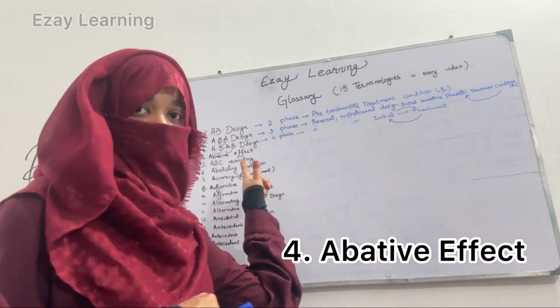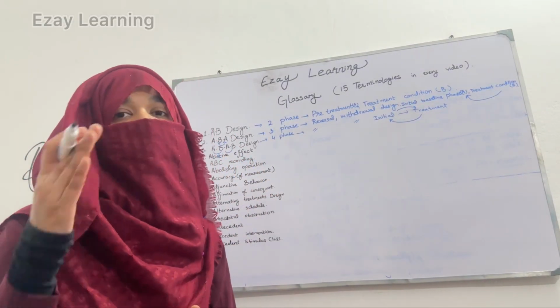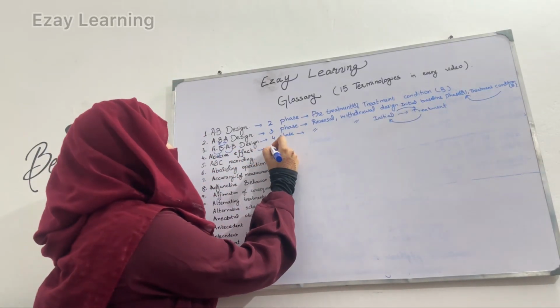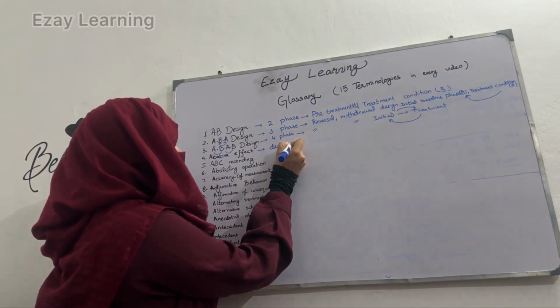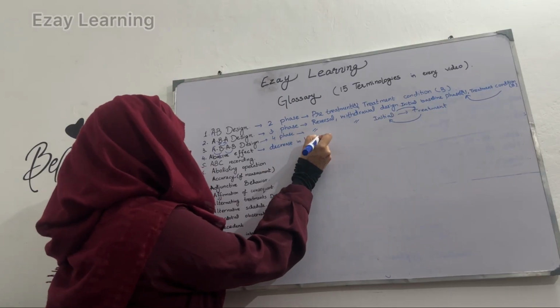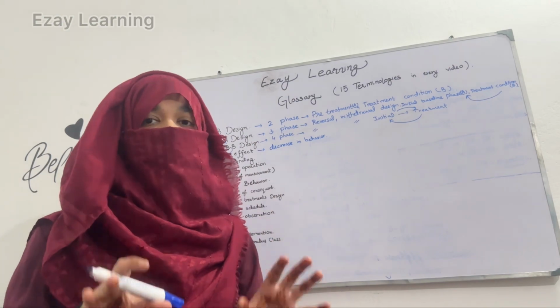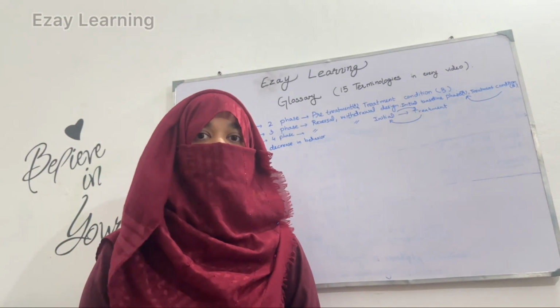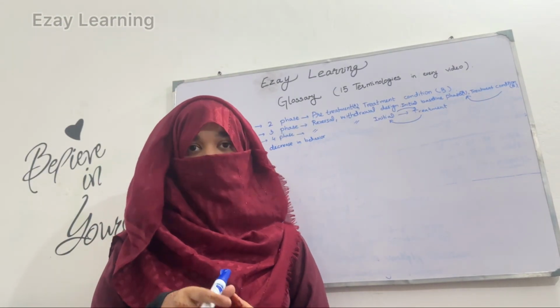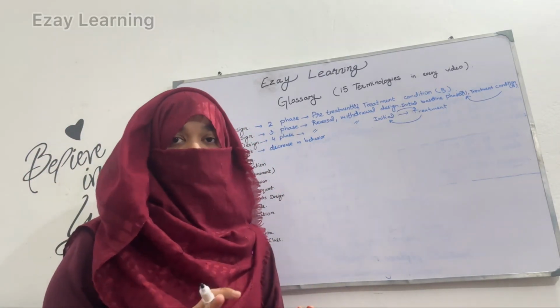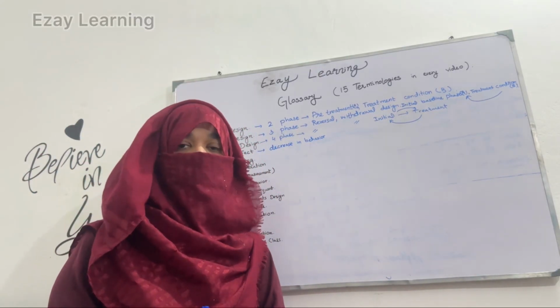Next term is ablative effect. Ablative effect is basically a decrease in behavior, because the behavior was already reinforced. For example, if you are using chocolate as a reinforcer for a kid to complete a puzzle, the kid usually does the puzzle all the time whenever he is given the chocolate afterwards.